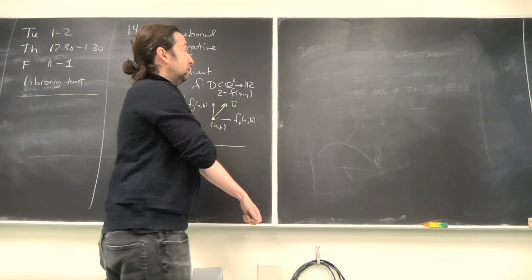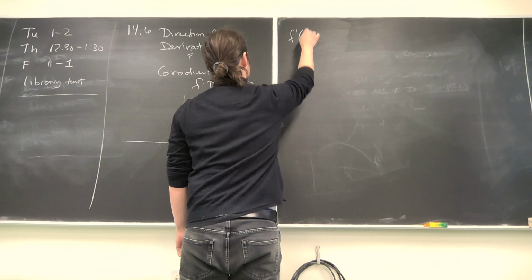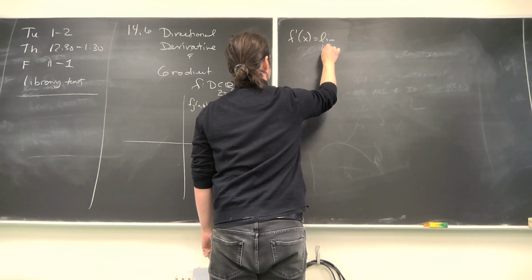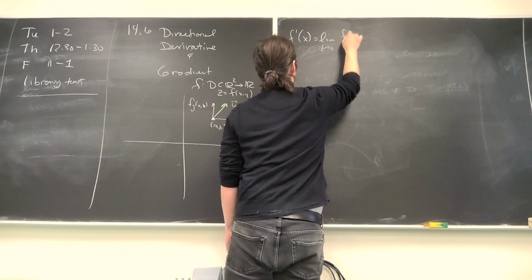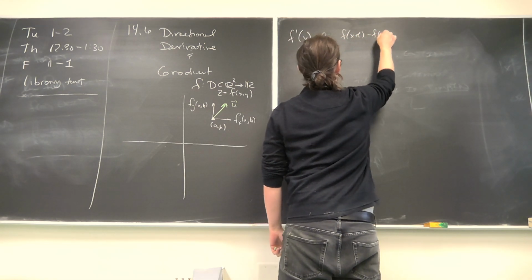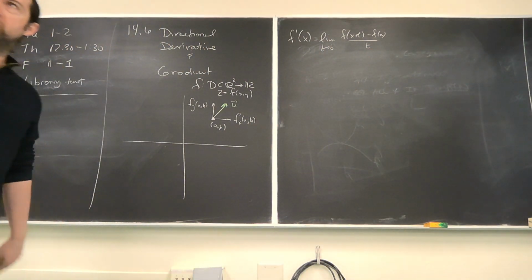So in one variable, f prime at a point x is equal to the limit as t goes to 0 of f of x plus t minus f of x divided by t. It's the classic definition of a derivative.